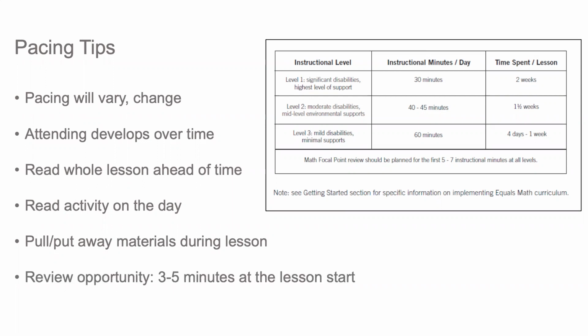You'll also want to make sure that you include review opportunities within your daily lesson plan. So that could be the first 5 to 10 minutes before the start of each lesson so that you can activate prior knowledge, what was taught on the previous day, so that students can connect it to the learning that is happening in the next activity.